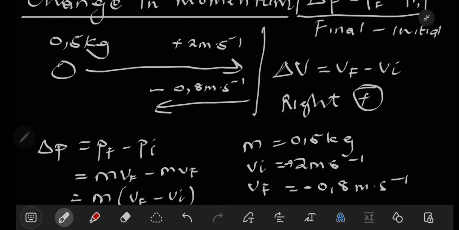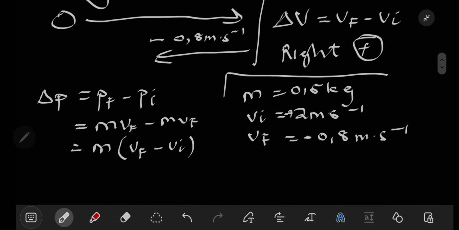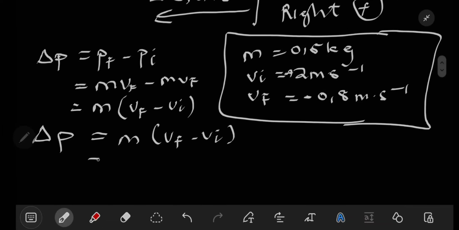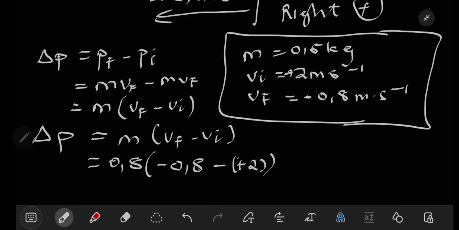So this is our information, and now we have to calculate the change in momentum. Change in p is equal to m times v final minus v initial. So we have our mass as 0.5, our v final is negative 0.8, minus the initial, which is positive 2 meters per second.